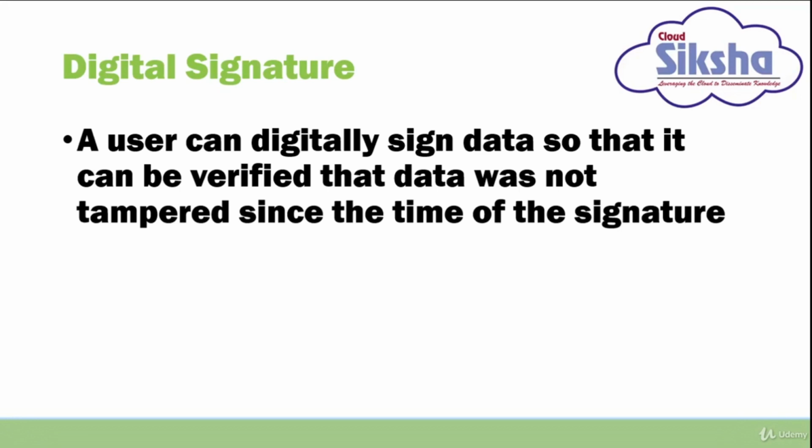So if you want to check if there was no tampering, you can regenerate the digital signature from the data and see that it matches the signature that was sent, so that you know there is no tampering with the data after the signature was done.